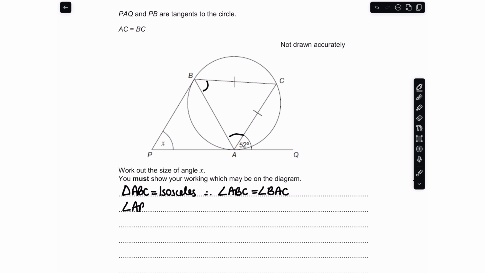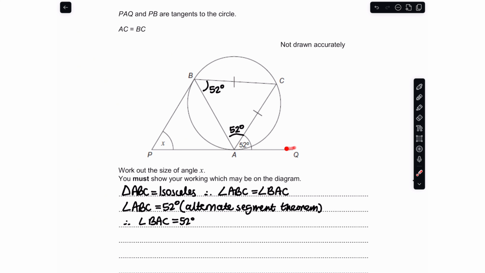So we can say angle ABC equals 52 degrees, and in brackets, I'll just write alternate segment theorem. Therefore, angle BAC equals 52 degrees. So I'm going to label this as 52 degrees and this as 52 degrees.